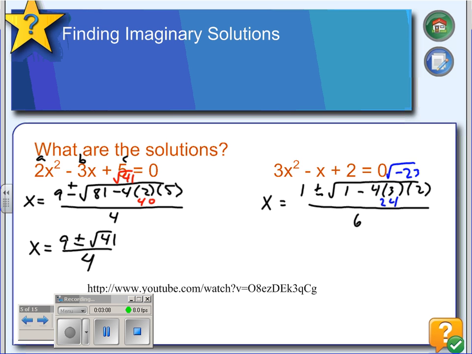So now we're taking the square root of a negative number. So we end up with a complex solution where x equals 1 plus or minus the square root of the negative is i. And 23 doesn't come out to an integer, so we leave it as square root 23 over 6. So this is a complex solution.